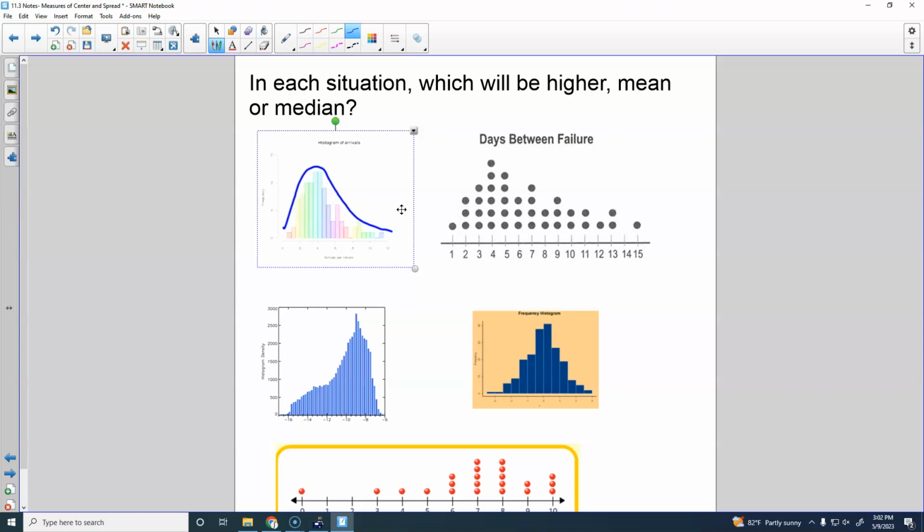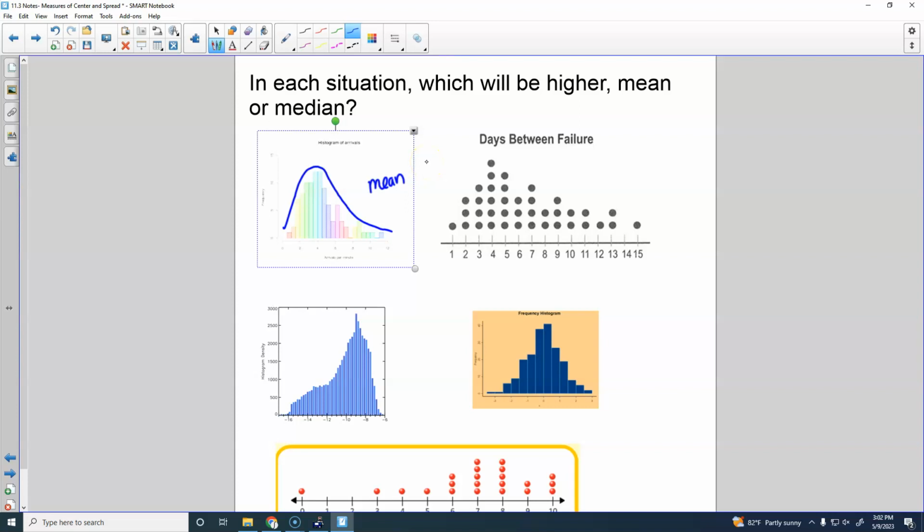Skewed right, which means it has high outliers. So the mean is going to be pulled up. The mean is always pulled towards the tail, right? So the mean would be higher on this. Median would be more stable.